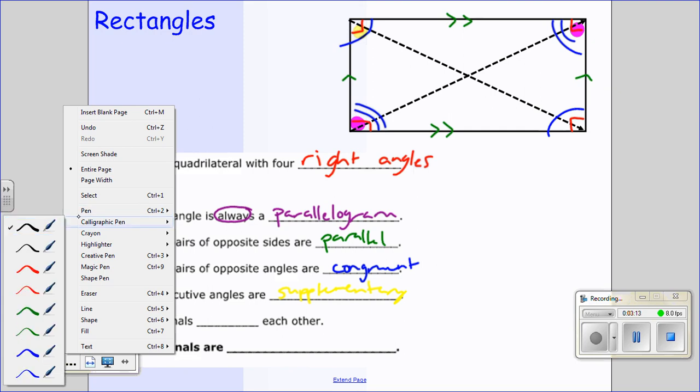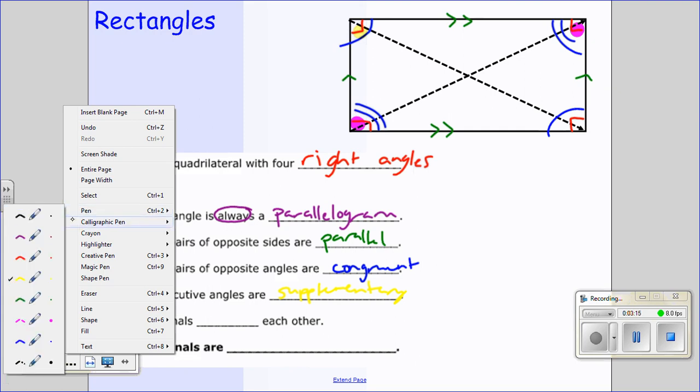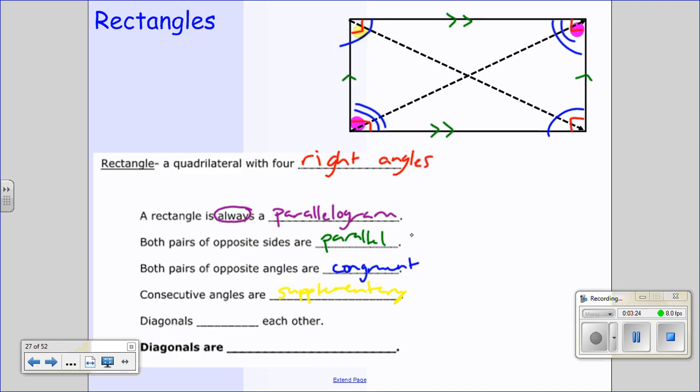Also, I need to mention that both pairs of opposite sides are not only parallel, but they're also congruent. So let's add tallies on the 2 short sides and tallies on the 2 long sides. They're congruent.